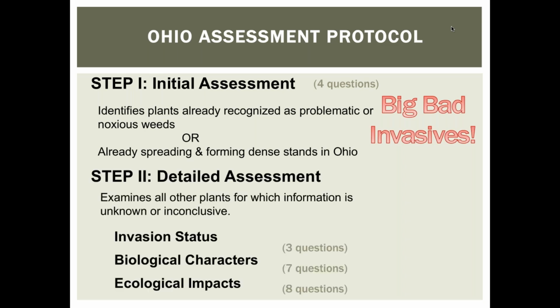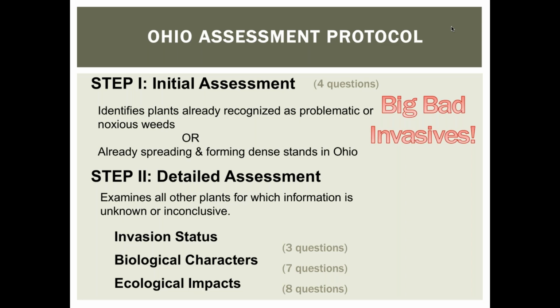Now, if a species went through the initial assessment and wasn't so severe, then it would go through our second step, which is a detailed assessment. This was a list of 18 questions, and this is the more typical type of assessment process. So for example, we had 3 questions based on invasion status, how widespread is it across the state, 7 questions on biological character, seed production, vegetative production, all those basic types of questions.